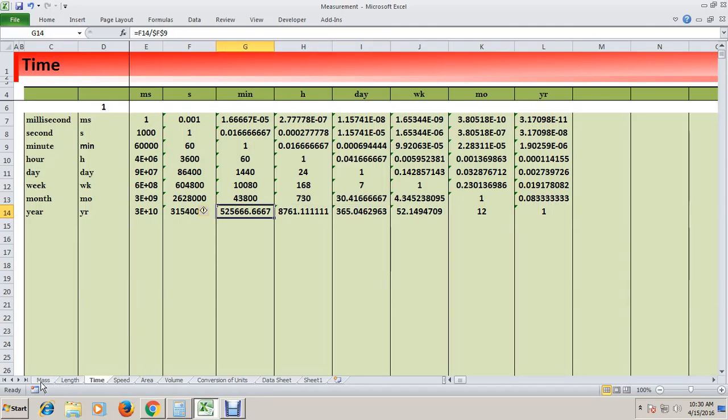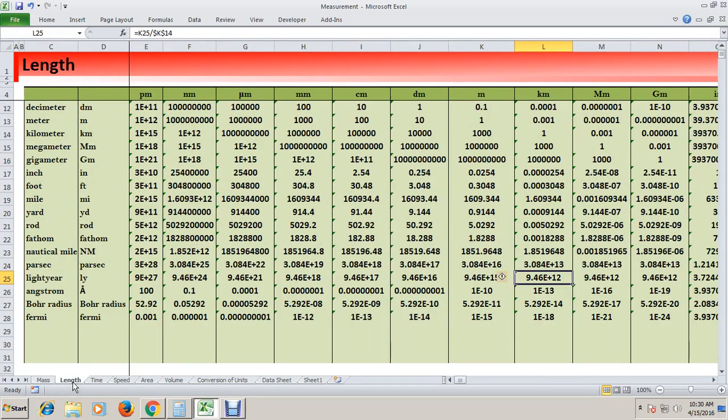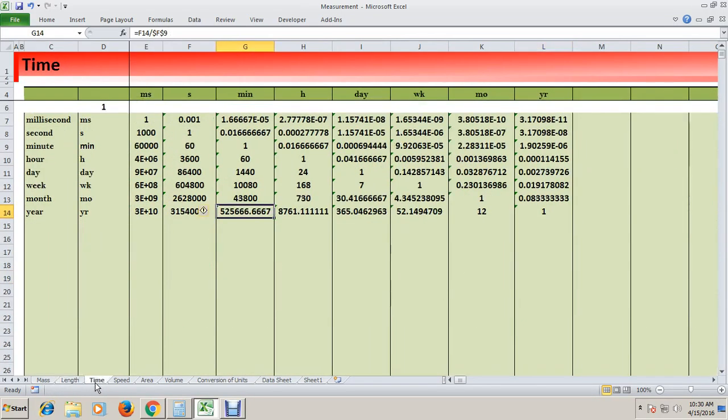Okay, so what I have presented to you is the set of units for mass, the set of units for length, and the set of units for time. These quantities, mass, length, and time, are considered in physics as basic quantities. They are basic quantities because they are measured directly. They do not come from definitions or derivations.